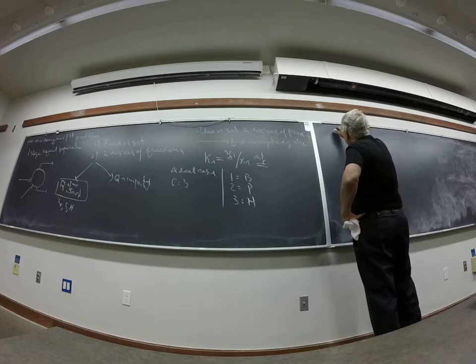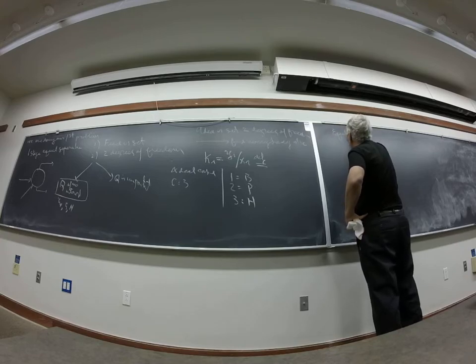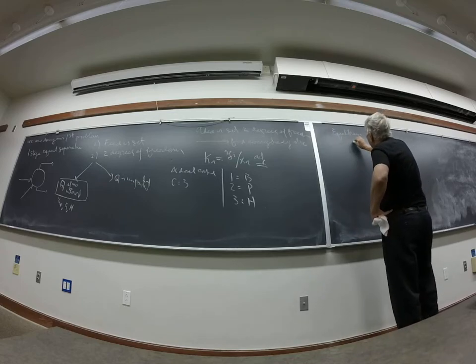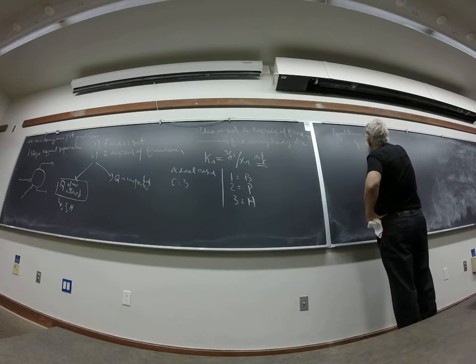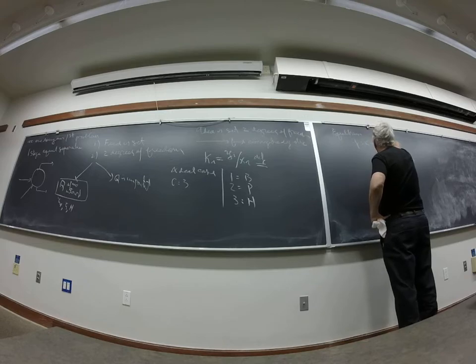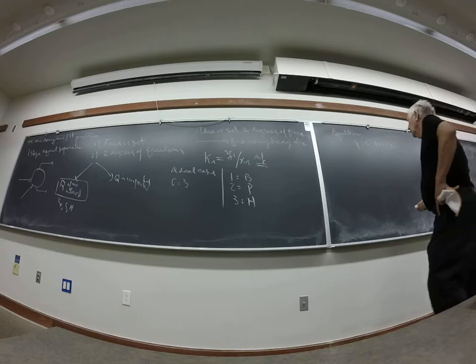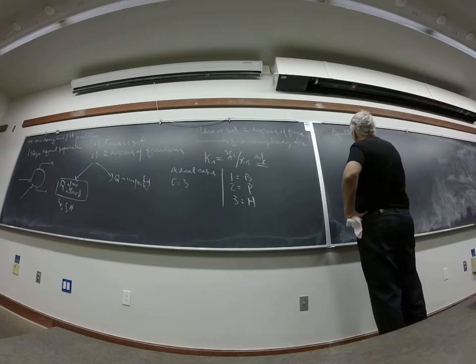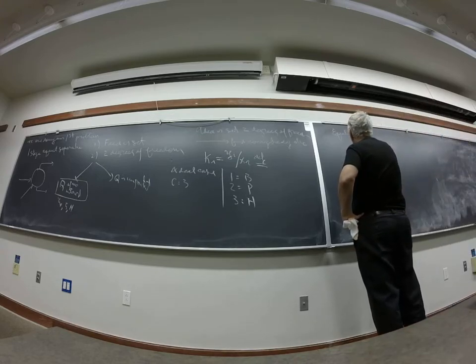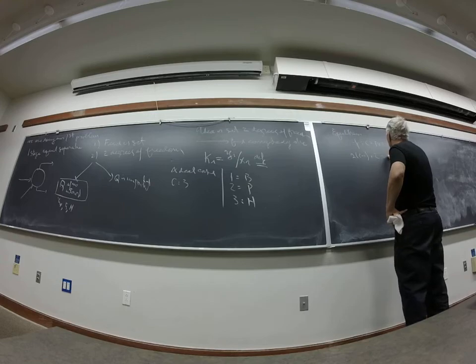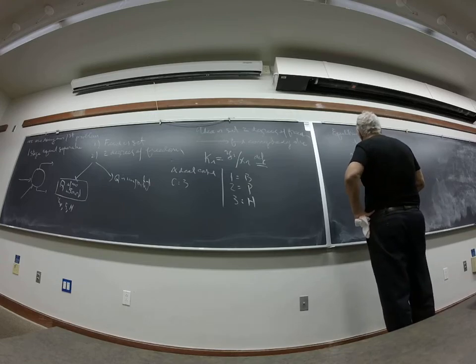Our equilibrium says F equals C minus P plus 2, so it's C. And the equilibrium variables are the 2 times C minus 1 mole fractions plus the temperature and pressure, which is 2C, so that's the number of variables.